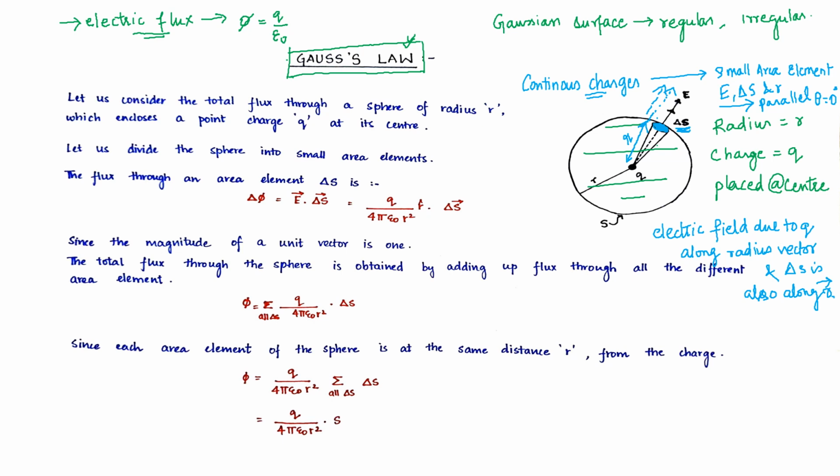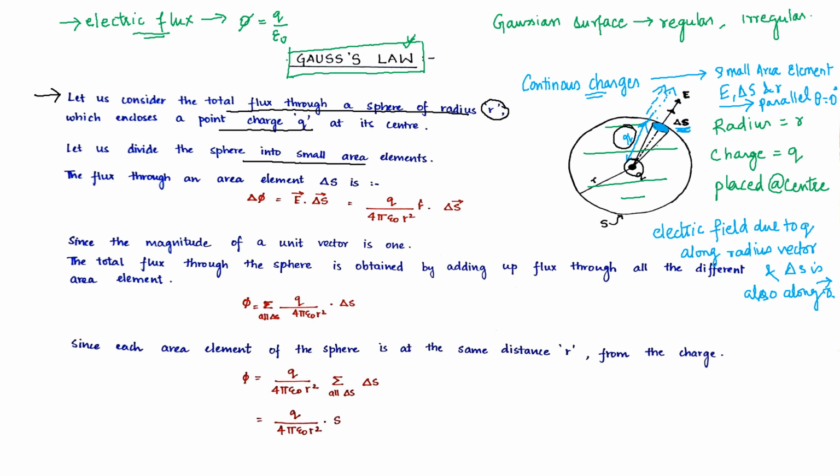Now let's come to the content. Let us consider the total flux through a sphere of radius r which encloses a point charge q at its center. As described already, the point charge is at its center and the radius is r. Let's divide the sphere into small area elements.